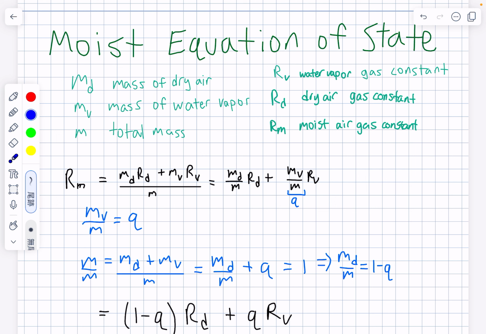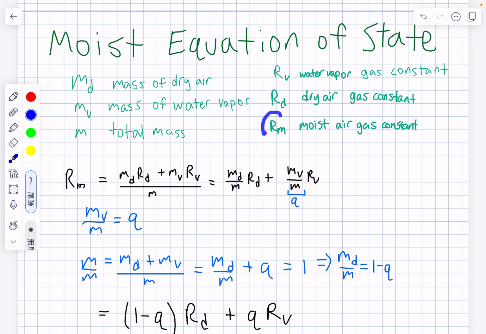So to define this situation, we can first define a few variables. We have md, the mass of dry air, mv, the mass of water vapor, and m, the total mass. We have the dry gas constant from previously, but now we're going to include the water vapor gas constant.